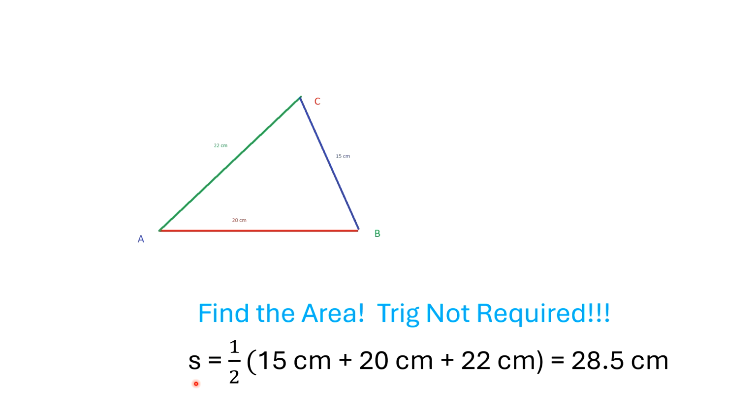So first we find S is 1/2 of 15 centimeters plus 20 centimeters plus 22 centimeters. Okay, and that's 28 and a half centimeters. So I think I put C and B out of order, but it really doesn't matter.